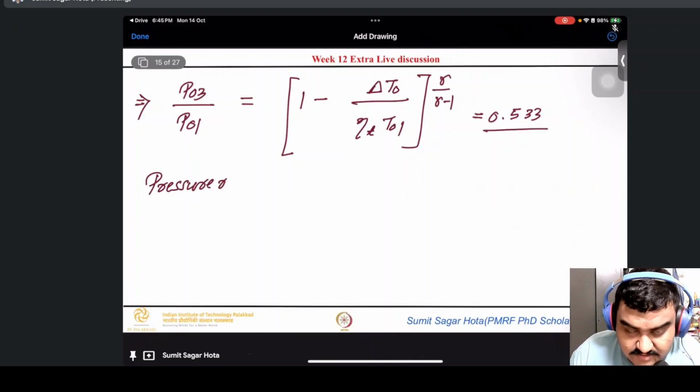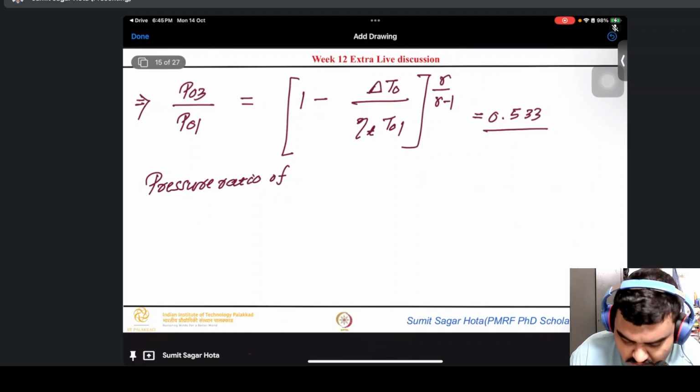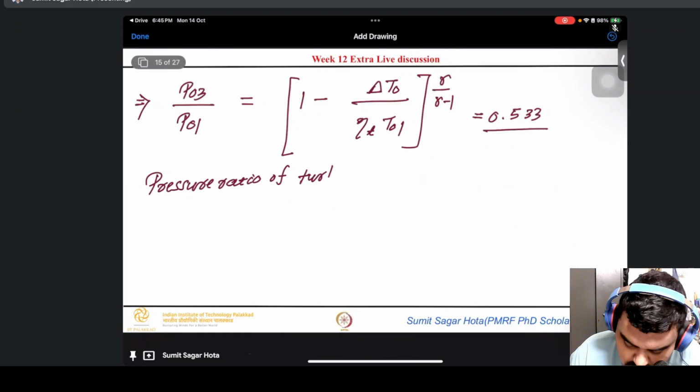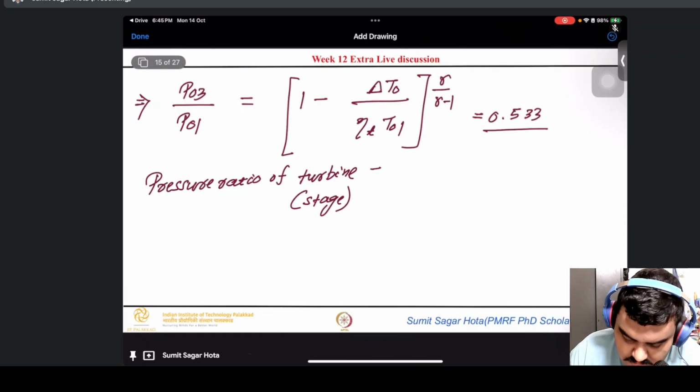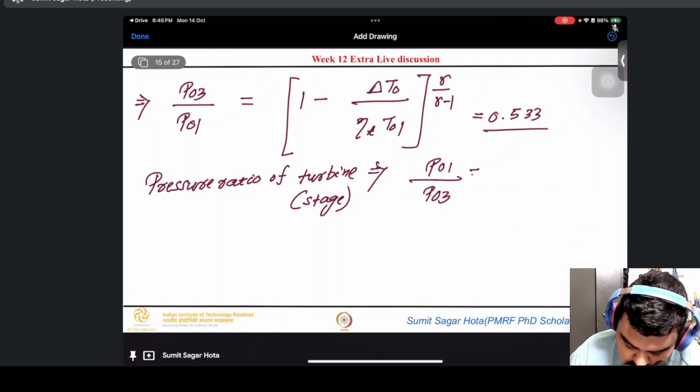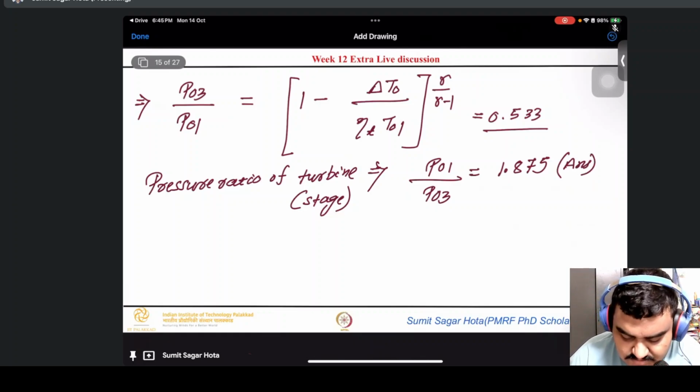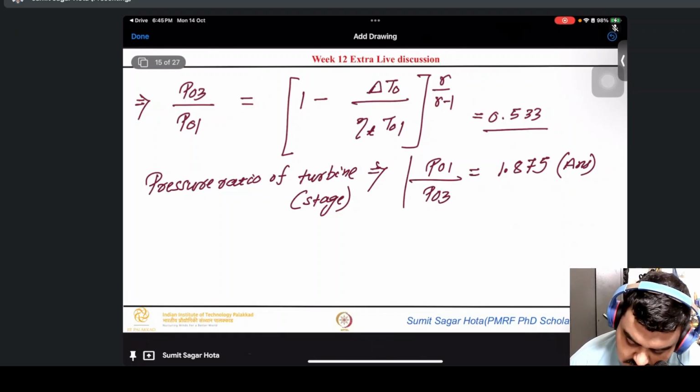Then the pressure ratio of the turbine per stage, this is what they asked.